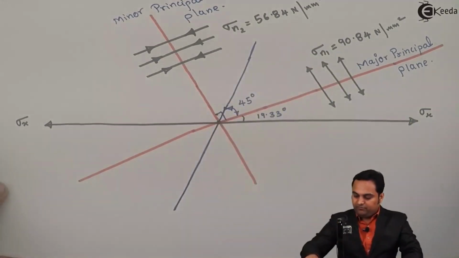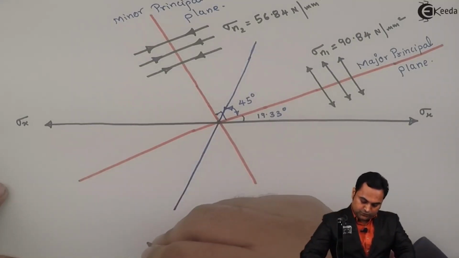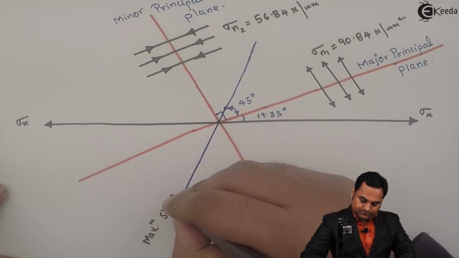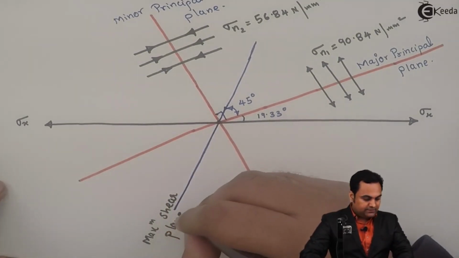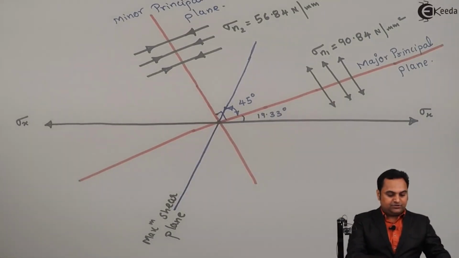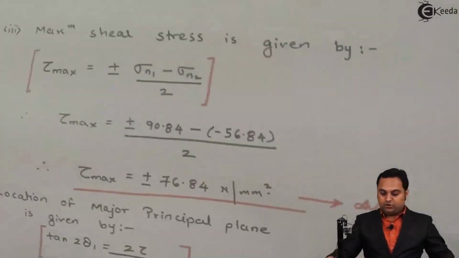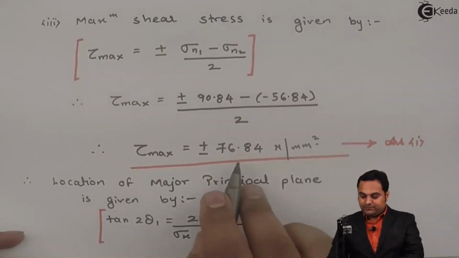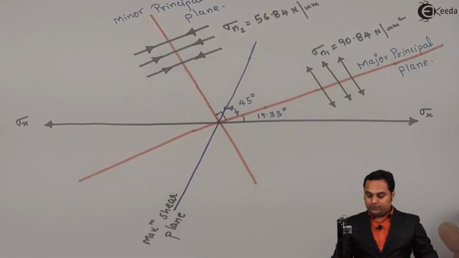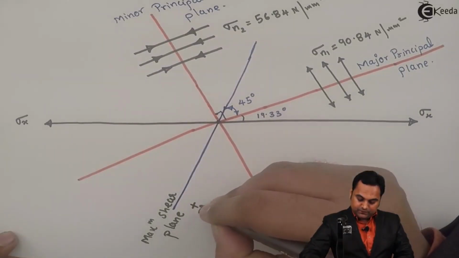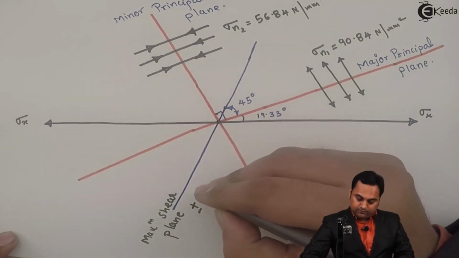It means this is the plane of maximum shear. So this is the maximum shear plane, and the stress value was of maximum shear stress. We have found out tau max, that tau max value was plus or minus 76.84 Newton per mm square.